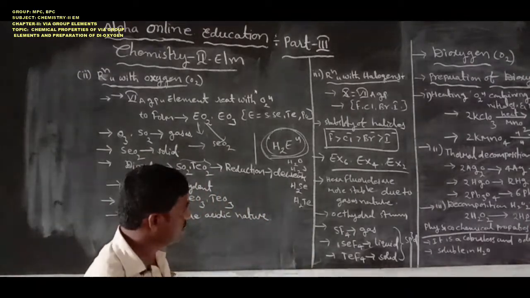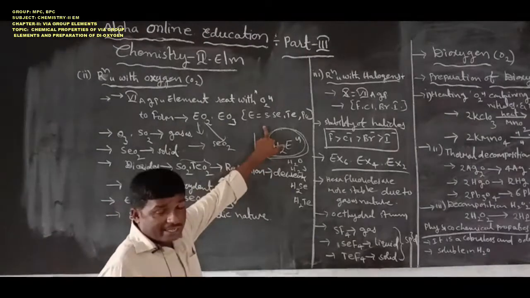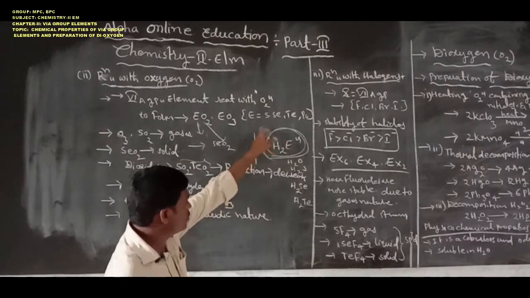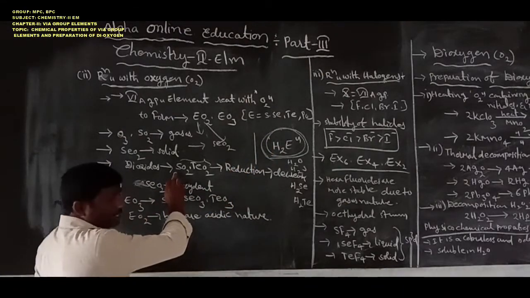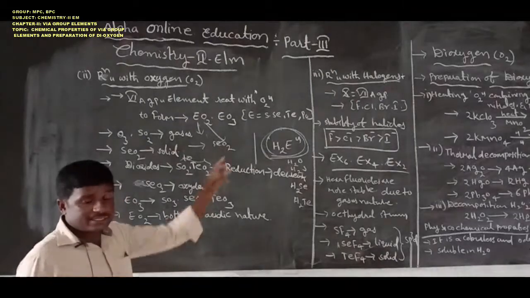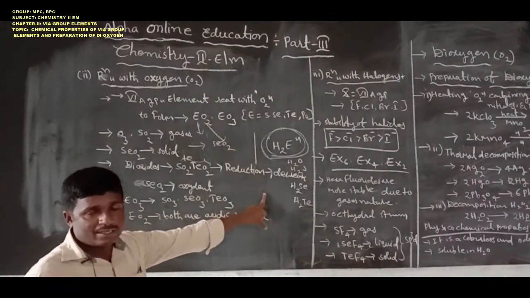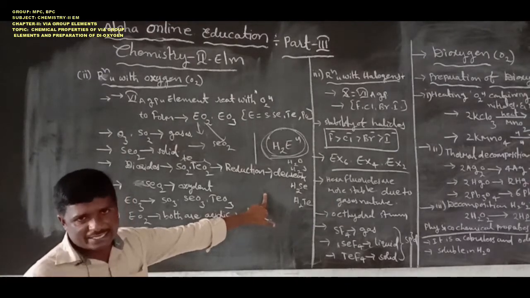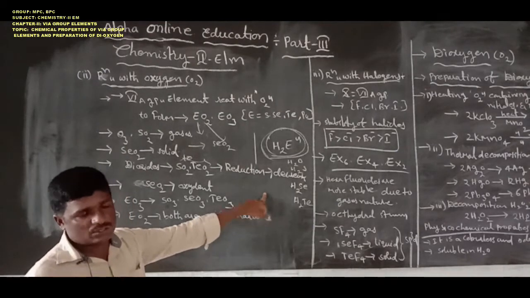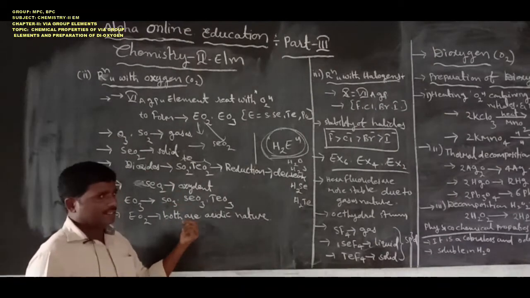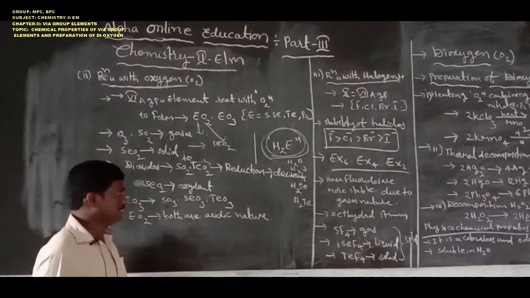So in any group, non-metallic nature decreases and metallic nature increases. So from sulfur dioxide to tellurium dioxide, reducing nature decreases.